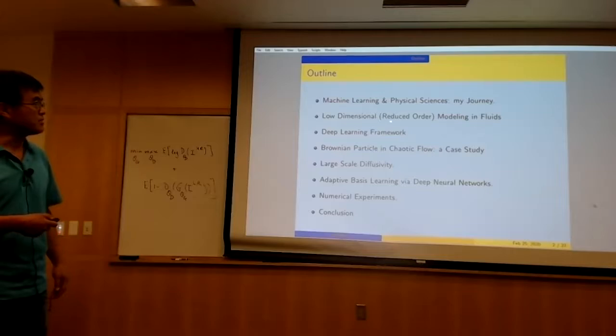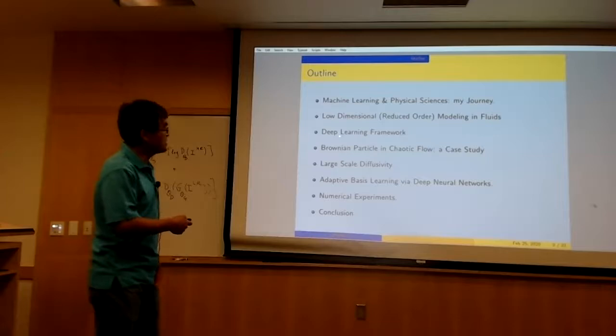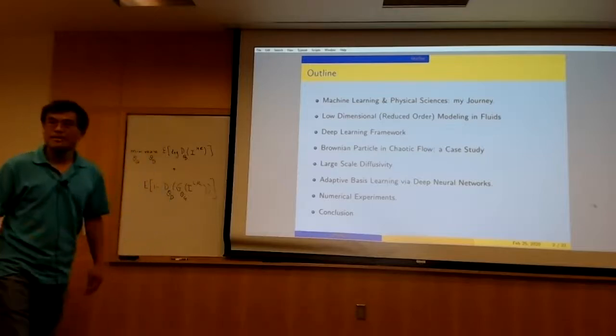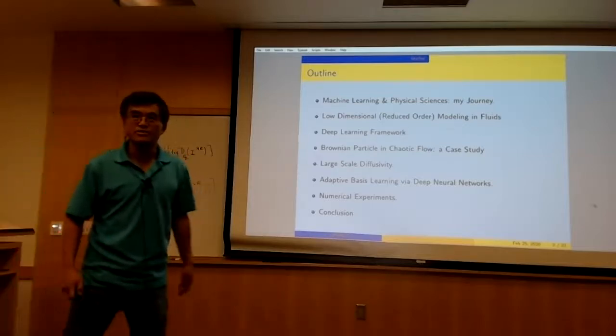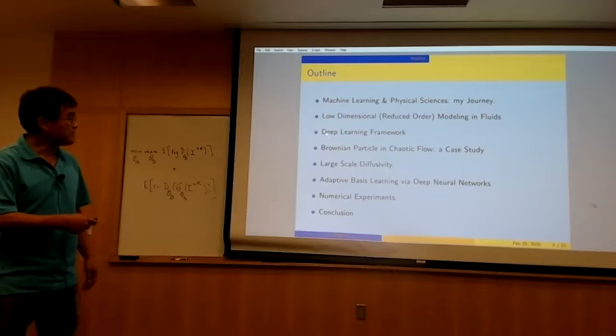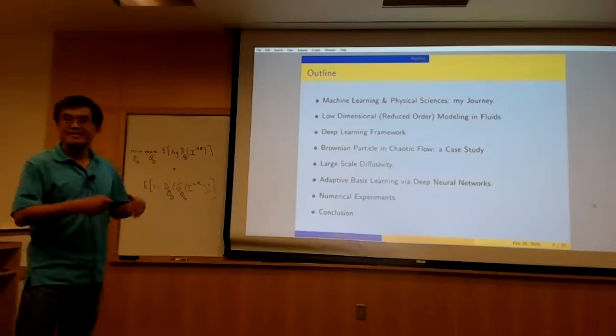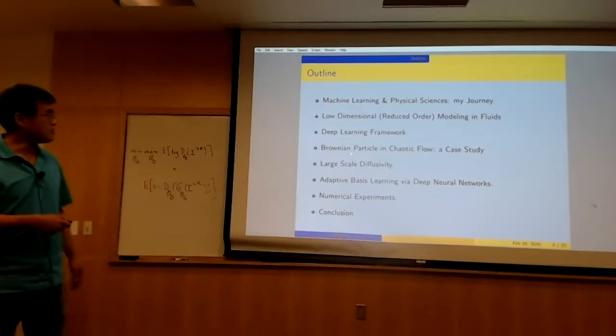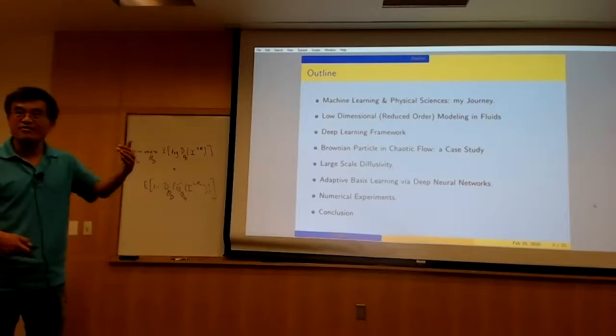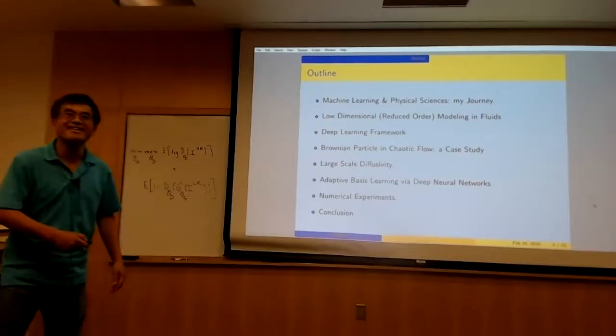It's also known as reduced order modeling. So then I'll point out the drawbacks from the traditional approach, and then talk about the more recent deep learning framework. Then apply this framework to a specific problem just to verify that it actually works and delivers.